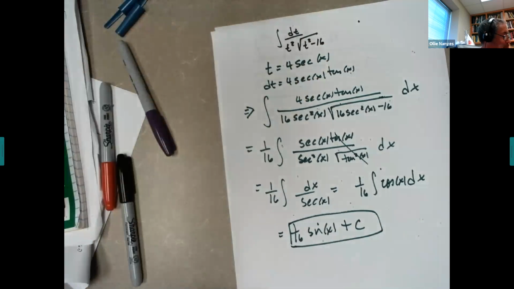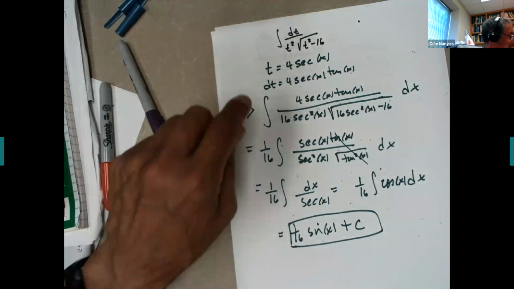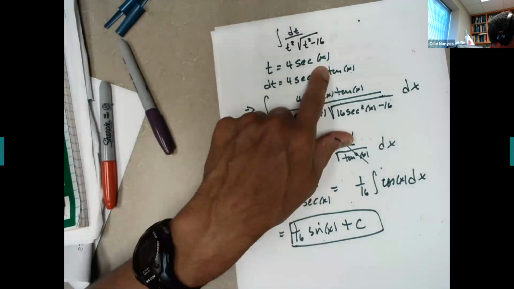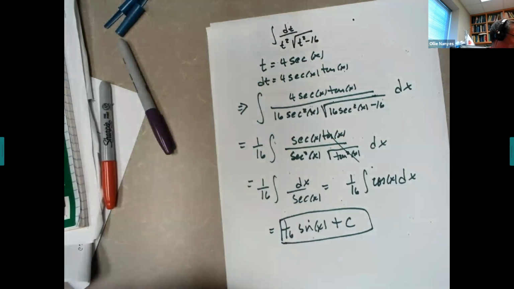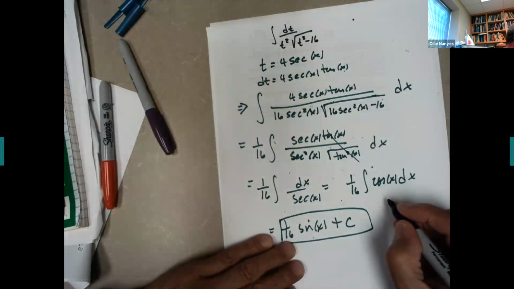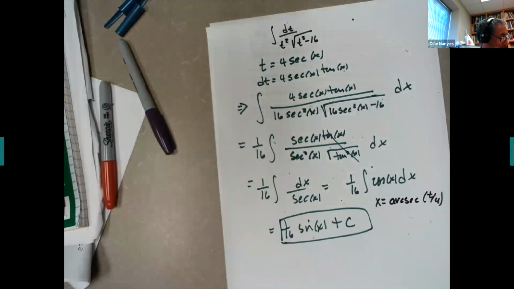But as usual, we understand that our x is really going to be, remember, x equals arc secant t over 4. And we're going to take a sine of that.